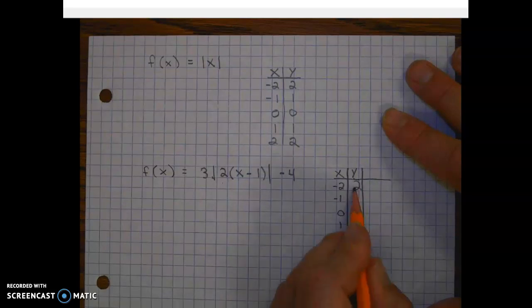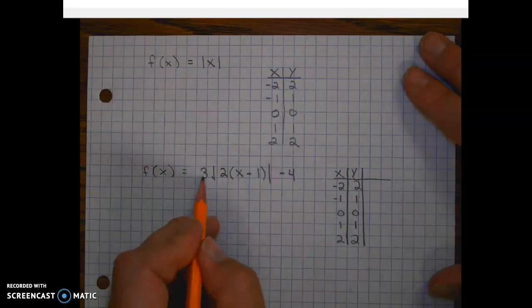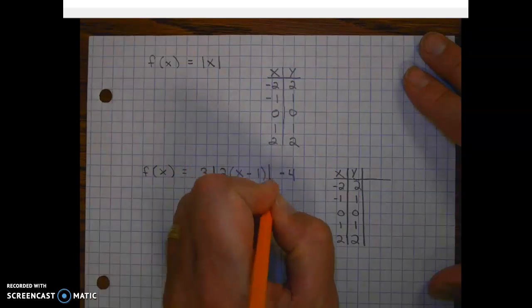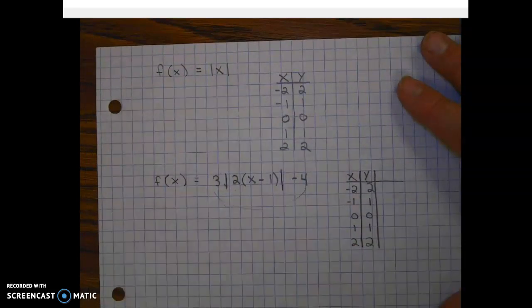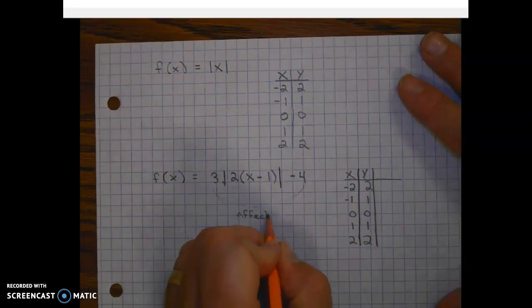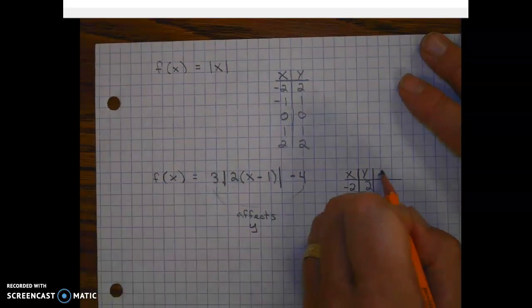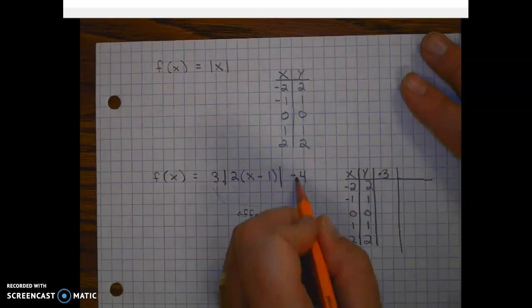The first thing we want to do is follow order of operations. So we're going to multiply by 3. Remember, the absolute value is your grouping symbol, so anything on the outside affects y. So we're going to multiply by 3, and then we're going to subtract 4.